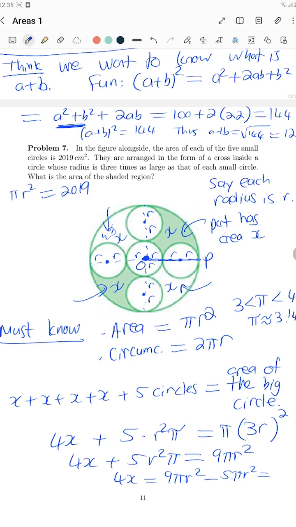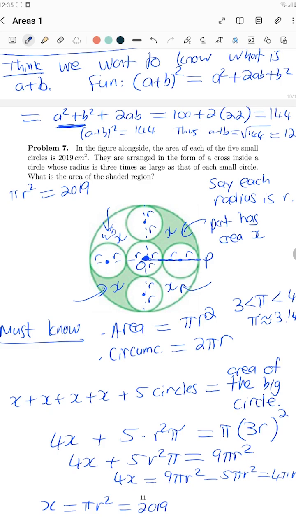So 9 pi r squared minus 5 pi r squared becomes 4 pi r squared. And so dividing by 4, x becomes pi r squared. And we're given that pi r squared is the area of one of the small circles, which is 2019.